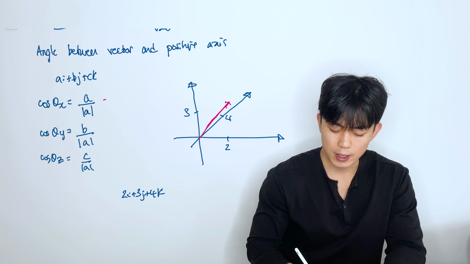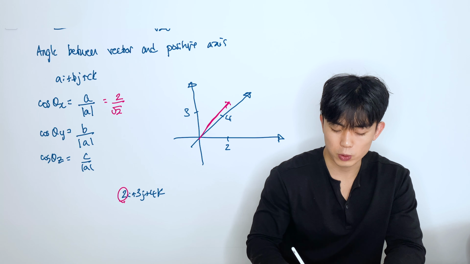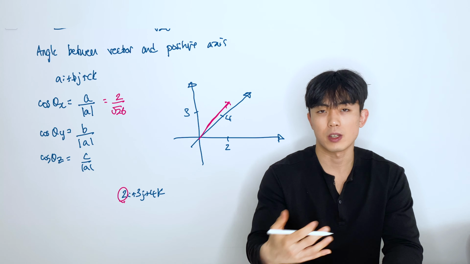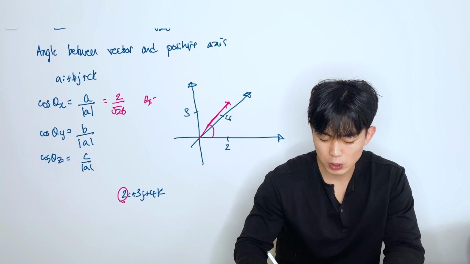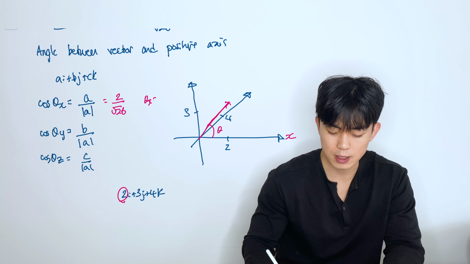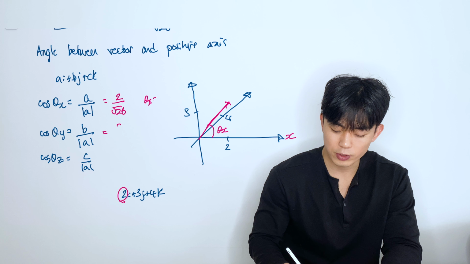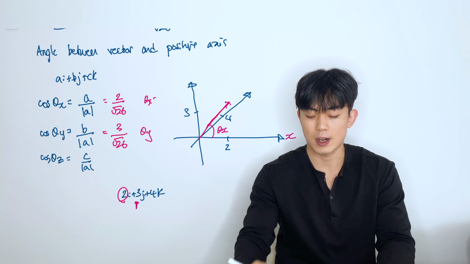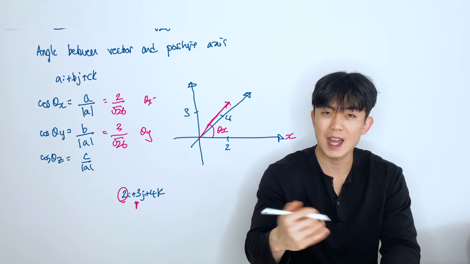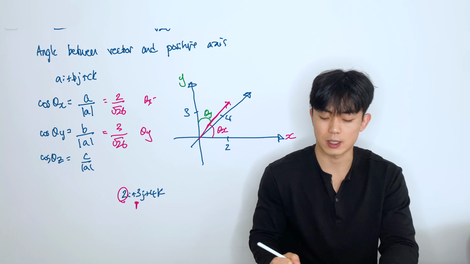So if I was to plug in my a value, which would be 2 here, 2 over the magnitude, which is root 29, and do inverse cos of this, then I'll get a theta x value, which will represent the angle it makes with the positive x-axis, which will be this angle here. If I did the b value, which is 3, over root 29 again, and find theta y, then I'll be given the angle with the positive y-axis. So in this case, it will be this angle here, because this is the positive y-axis like this.